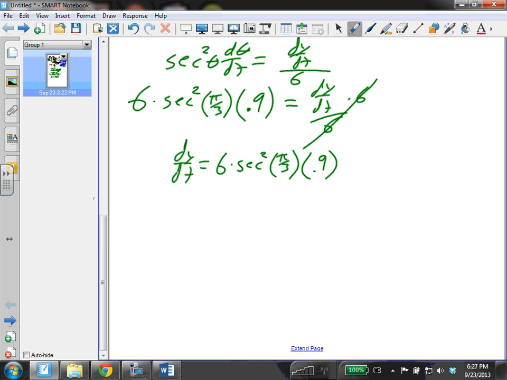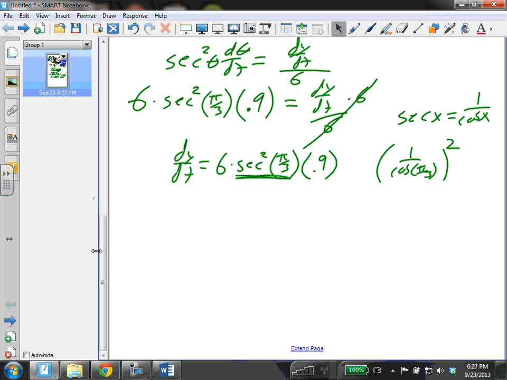Now, with the secant squared, it's a little tricky to get it into your calculator. But if you remember the trig identity that the secant of x is equal to 1 over cosine of x, then you enter 1 over cosine of pi over 3, and then take that answer and square it.